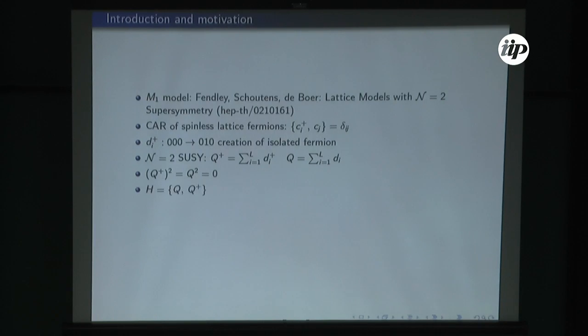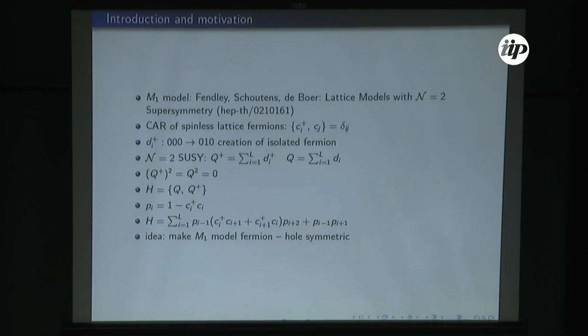So with the help of these Q and Q plus operators, you can define your Hamiltonian, which, if you compute it, turns out to be in this form. So this was their work, and the idea. Okay, so P is the vacancy operator at site i, and this Hamiltonian is defined as such.